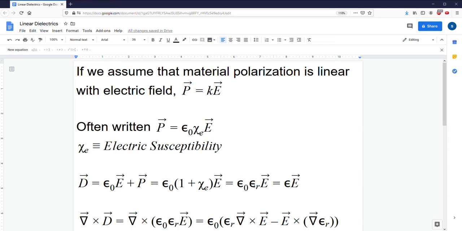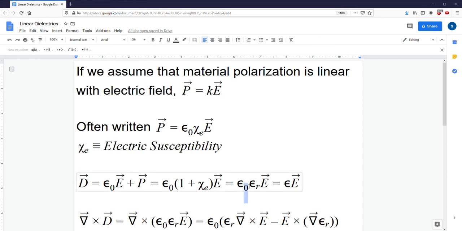In this textbook, you'll often see this term 1 plus chi e as epsilon r, called the relative permittivity. When you took physics 2, you might have learned this as kappa, the dielectric constant of a material. It's the same thing.